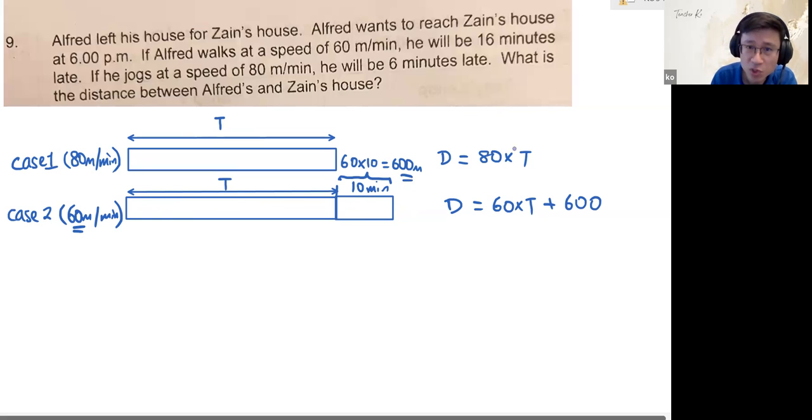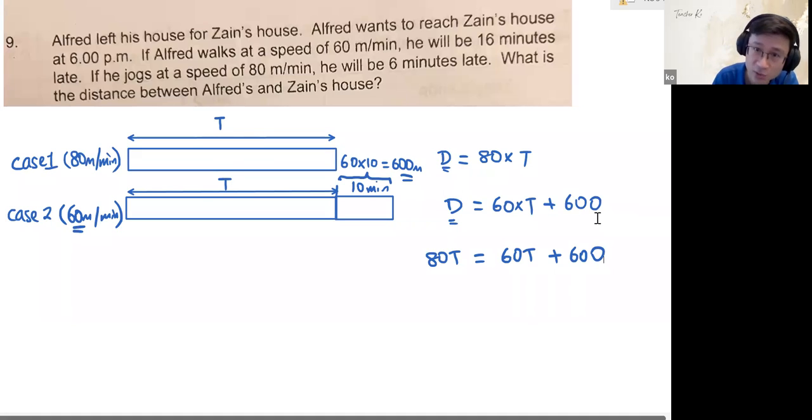And we know that the distance in case one and case two are the same, which means 80t must equal 60t plus 600.